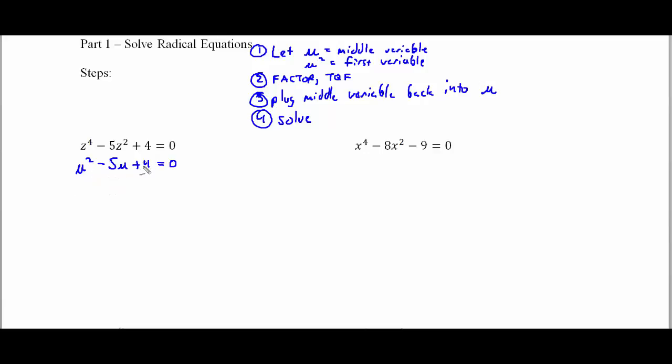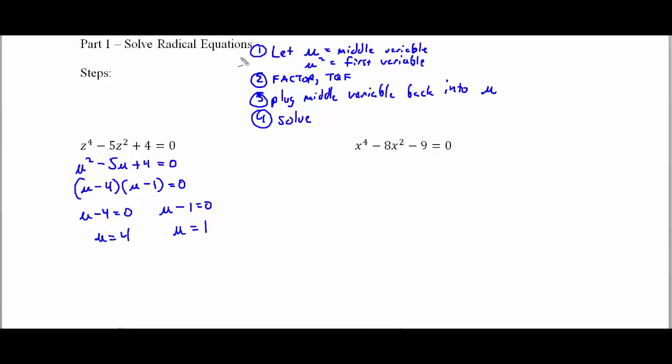There are two numbers that multiply to make 4 and add to make negative 5. That's u minus 4 and u minus 1 equals 0. Now if I solve these, I have u minus 4 equals 0 and u minus 1 equals 0. So if I move the 4 over, u is equal to 4. If I move this over, u is equal to 1.